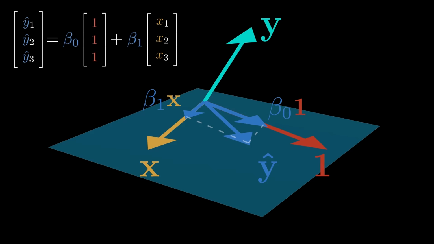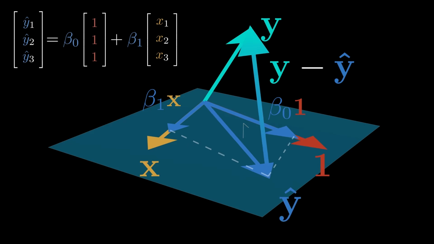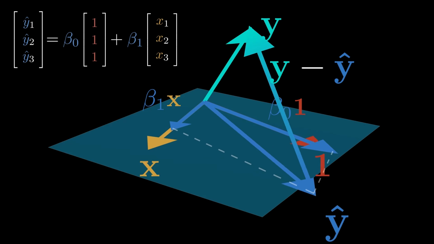So which choice of y hat comes as close as possible to the actual y? With a little bit of reasoning, you can convince yourself that it must be where the rejection vector, y minus y hat, is perpendicular to the plane. Any other choices for y hat are going to be farther away.